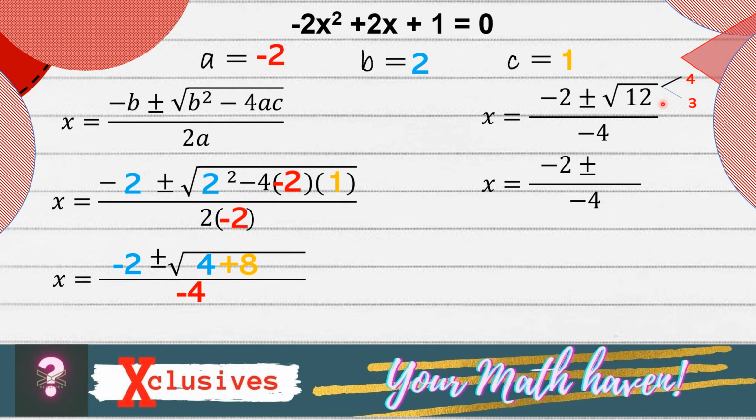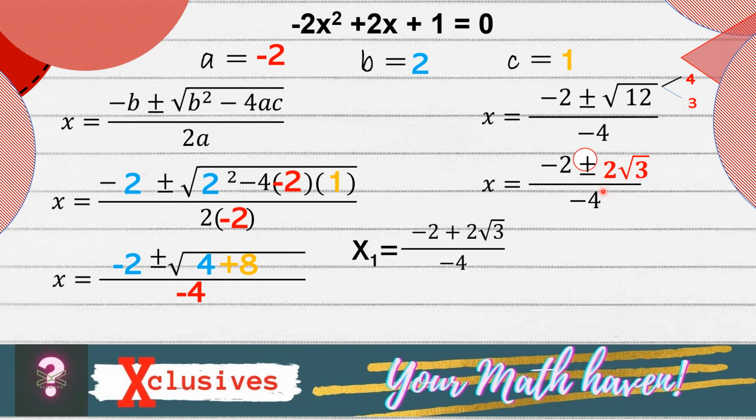So therefore, we have 4 as our perfect square number, and 3 is not a perfect square number. So the square root of 4 is 2, times square root of 3, since 3 is not a perfect square number. So our result is negative 2 plus minus 2 square root of 3 all over negative 4.